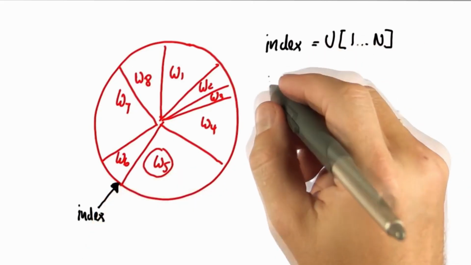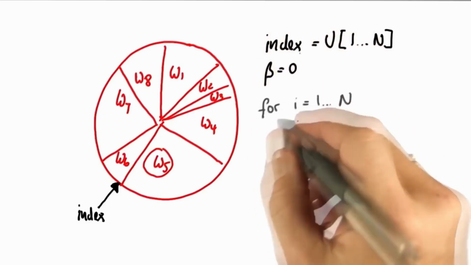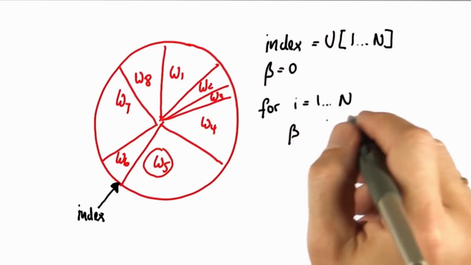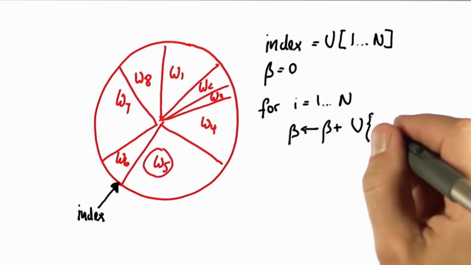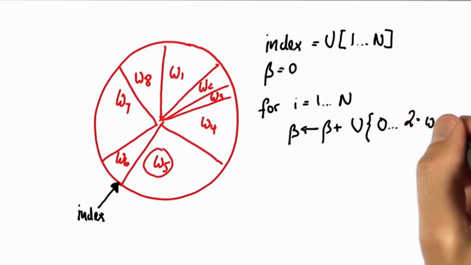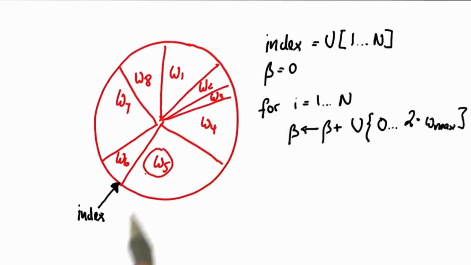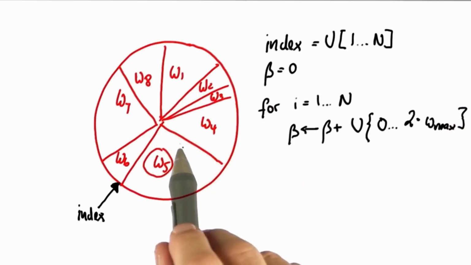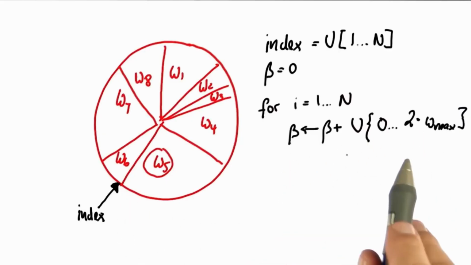Then the trick is, I'm going to construct a function beta that I initialize with 0, and to which I add a uniformly drawn continuous value that sits between 0 and 2 times W max, which is the largest of the importance weights in the importance set. W5 is the largest, so we're going to add a random value that might be as large as twice W5.